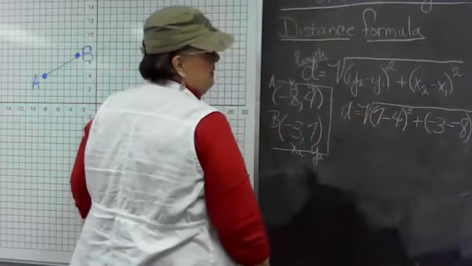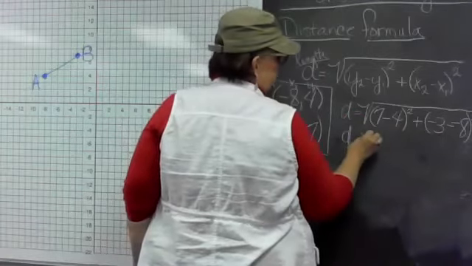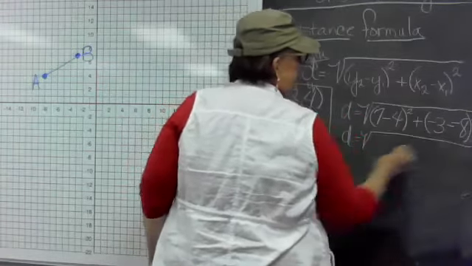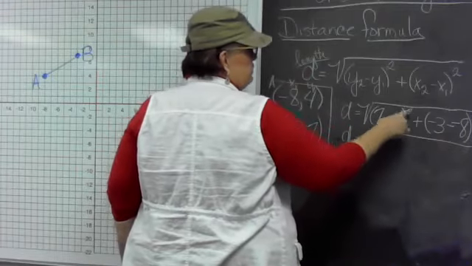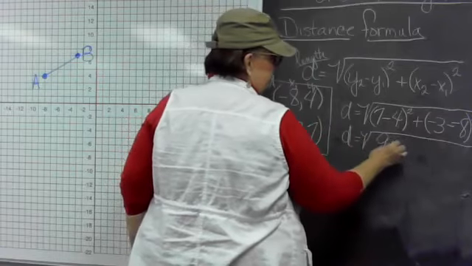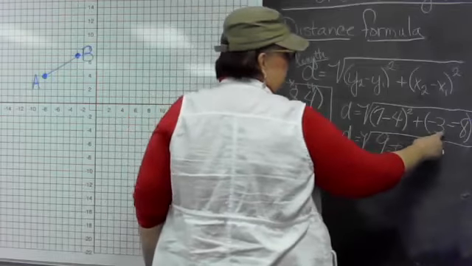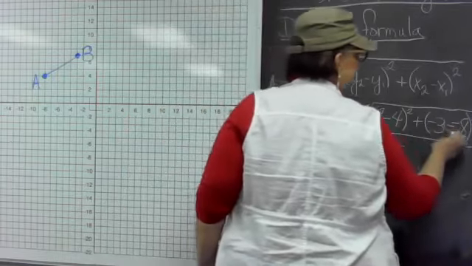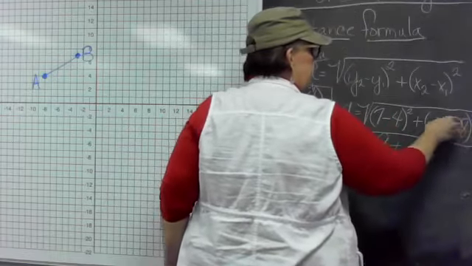Now all we have to do is the math. So I've got distance equals 7 minus 4 is 3. 3 squared is 9. The plus comes here. Now we need to be careful here. 2 negatives makes this a plus.